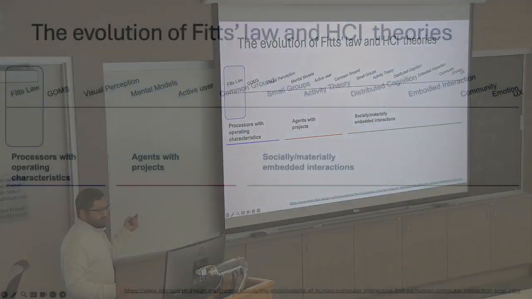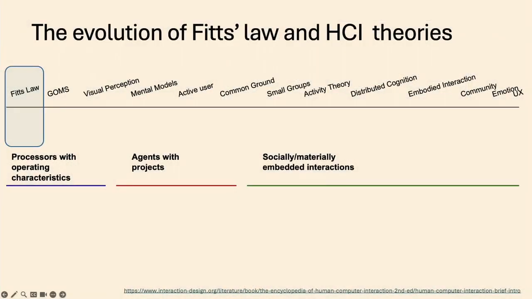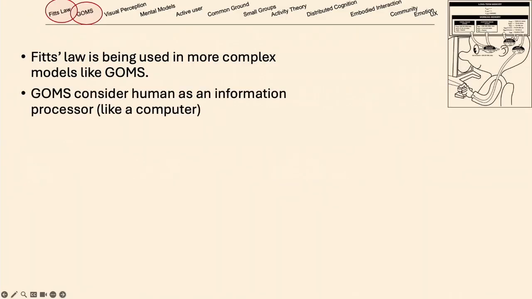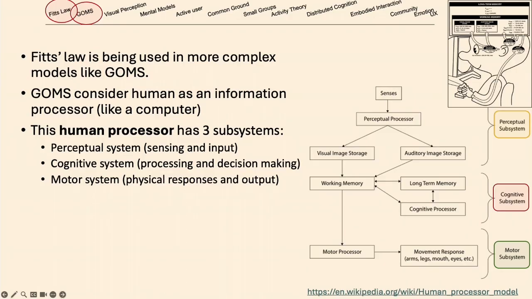So Fitts law was the beginning of modern HCI. In this talk, we'll probably go from Fitts law to GOMS model, but there's a lot we cannot traverse. A little bit about the relationship between Fitts law and GOMS. GOMS is a powerful cognitive model to analyze task prediction and human performance, and the core idea of GOMS is they consider the human as a computer.